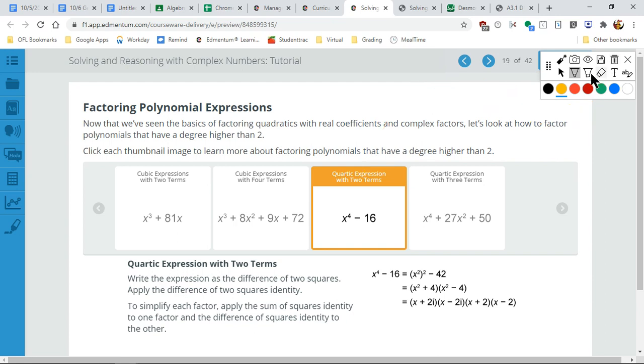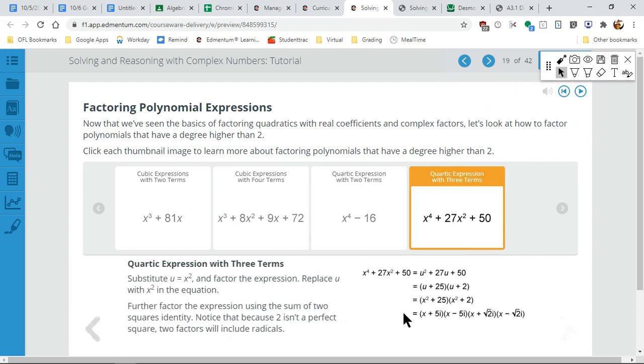Now let's say we have a quadratic with 3 terms. Well, they're saying like, hey, why don't you just FOIL it, or find some way to do this? So they're saying to just box method it. If you box method this, because this is an x squared, this is a 50, and you can just do this. So again, I said I would use the AC method, but this one's really easy.